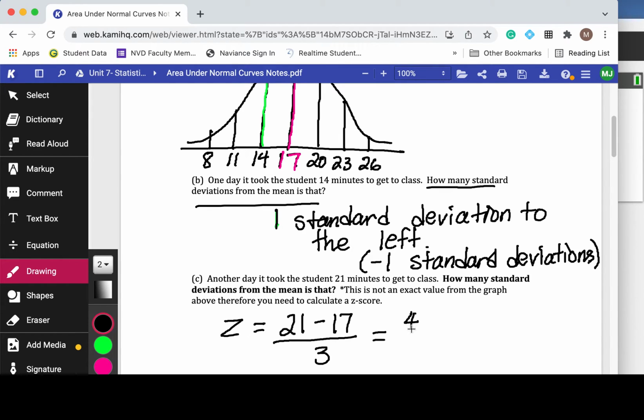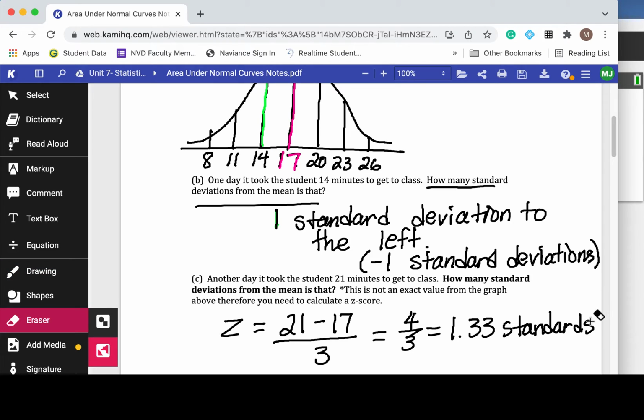That comes out to 4/3, which we're going to approximate as 1.33. And that's how many standard deviations from the mean we are. So we can't use our approximate percentages if we don't get an exact 1, 2, 3, 4, whatever standard deviations from the mean.